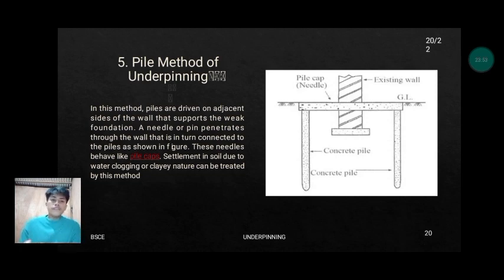Moving forward, we have the pile method of underpinning. In this method, piles are driven to adjacent sides of the wall that supports the weak foundation. The needle or pin penetrates through the wall, which in turn is connected to the piles, as shown in the figure. These needles behave like pile caps.